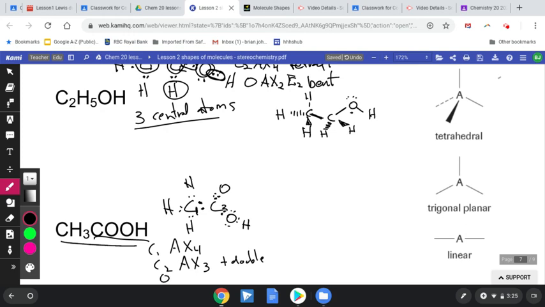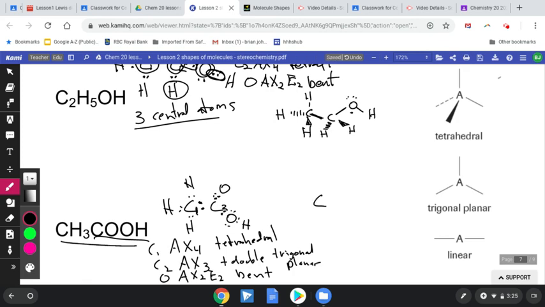And then our oxygen is an AX2E2, the same as above, it's a bent. So we've got a bent, we've got a tetrahedral, and AX3 is trigonal planar. So we got to draw this thing.